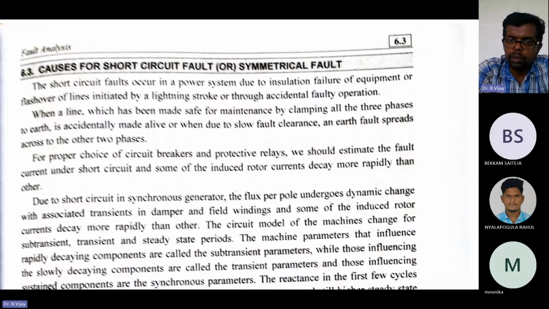Sometimes, due to poor maintenance, they might not check the transformer oil viscosity at all. So sometimes this oil will flash over. Sometimes, due to heavy load, this transformer oil will boil like anything.